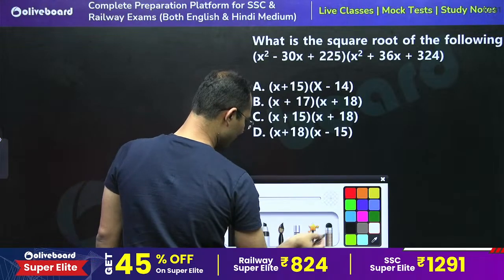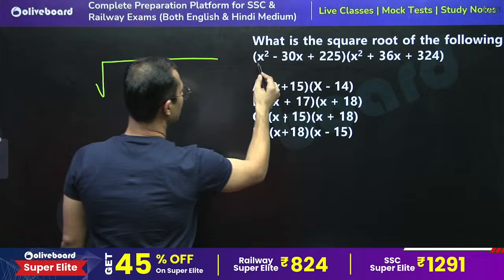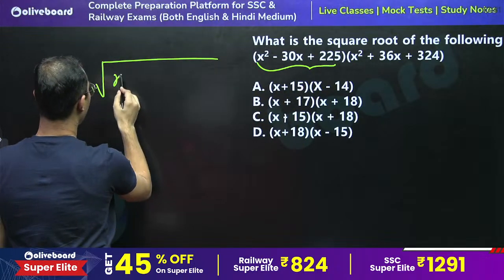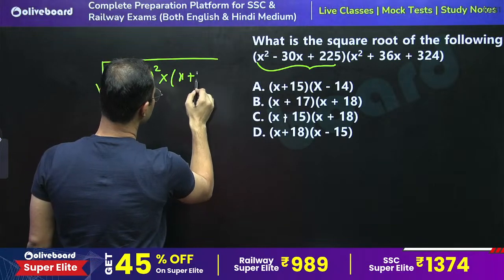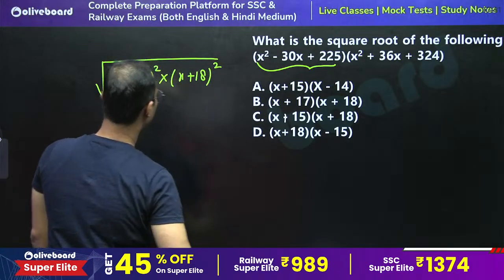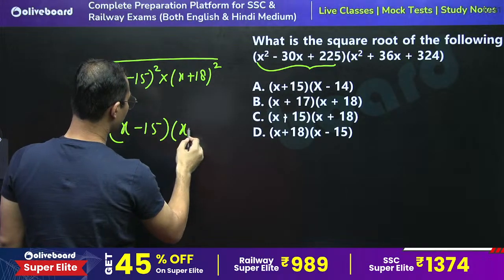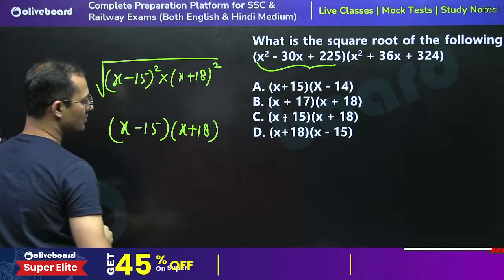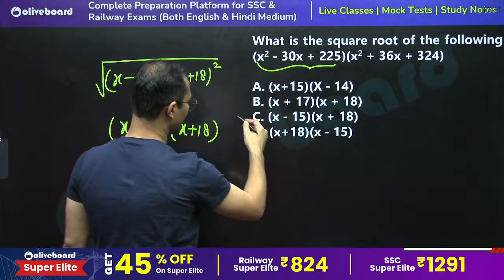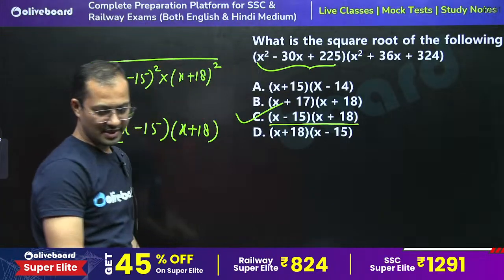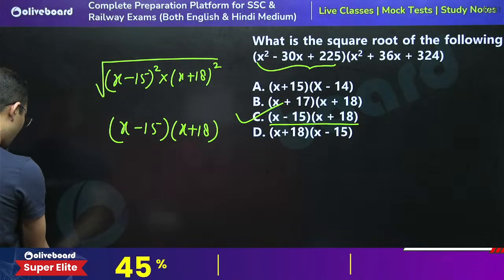So we have to calculate the square root of x minus 15 squared into x plus 18 squared, right? So I will get x minus 15 into x plus 18. C part is the right answer, yes.